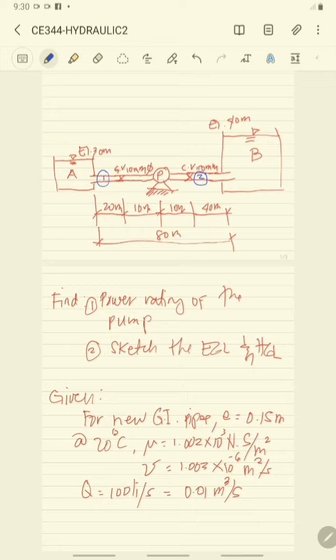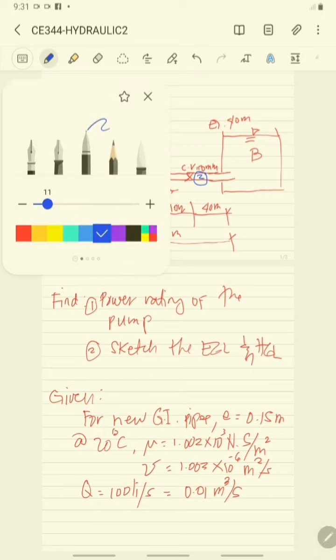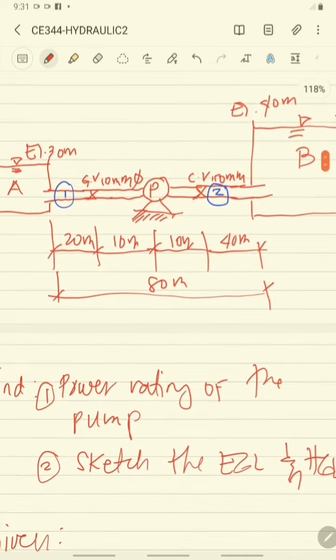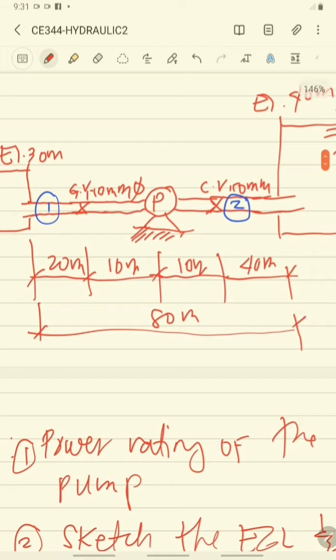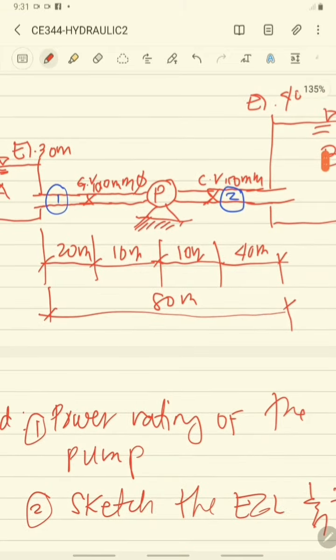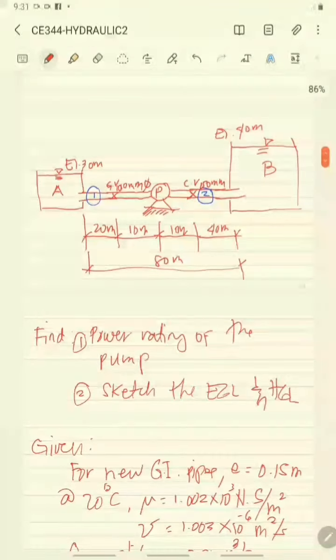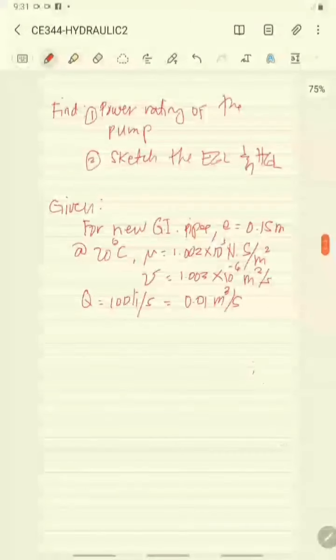Pipe 1 has a diameter of 100 mm, and pipe 2 has a diameter of 150 mm.